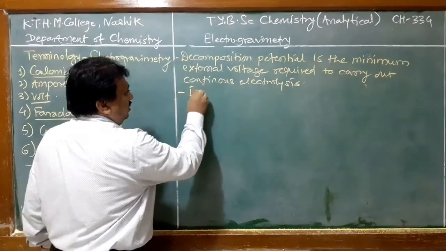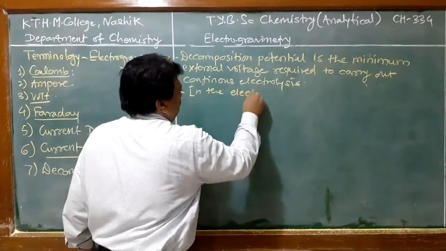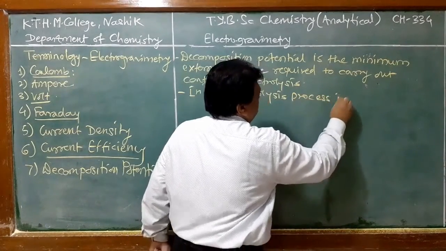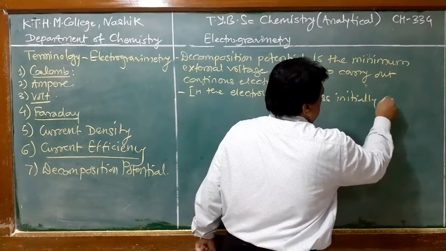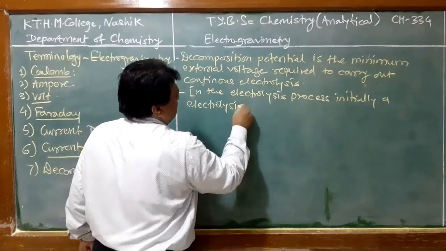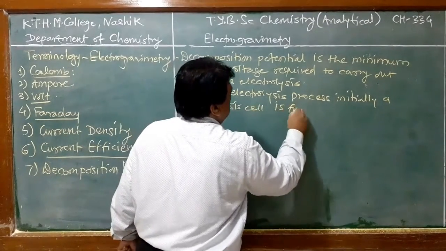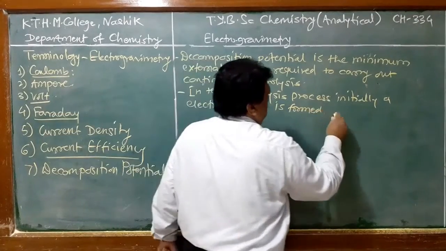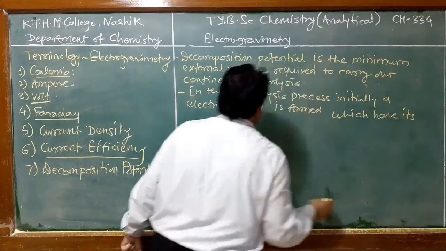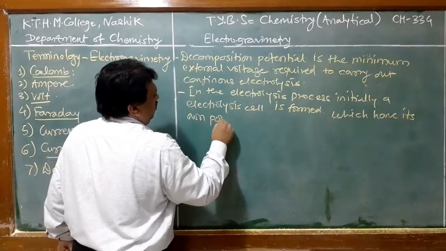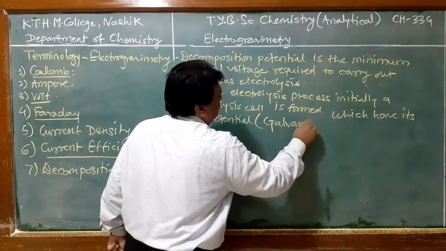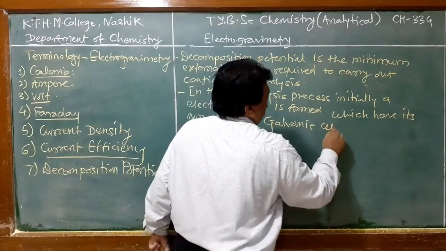Therefore, in the electrolysis process, initially an electrolysis cell is formed which has its own potential called the galvanic cell potential.